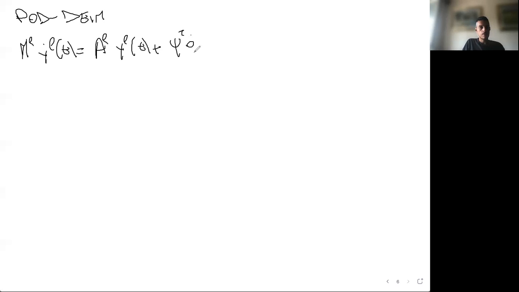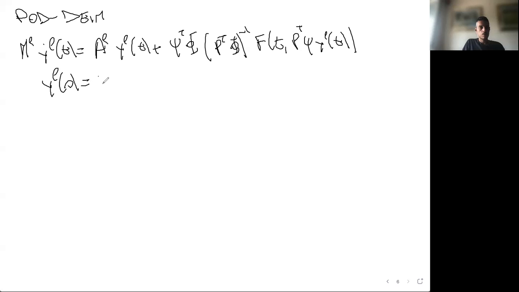Again, I'm going to rewrite the POD DEIM. This is M_l y_l'(t) = A_l y_l(t) + Ψᵀ Φ (Pᵀ Φ)⁻¹ f(t, Pᵀ Ψ y_l(t)) plus initial condition.